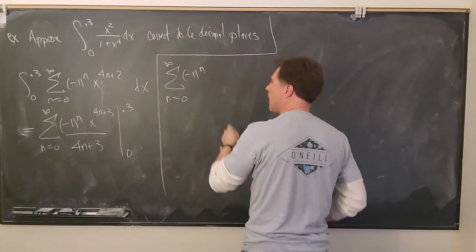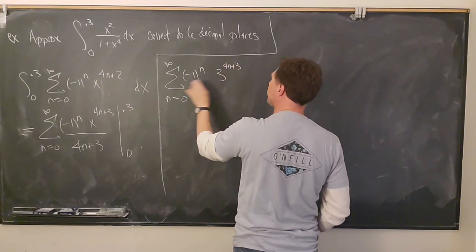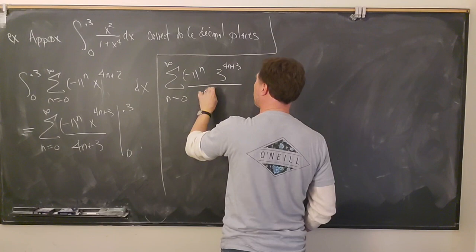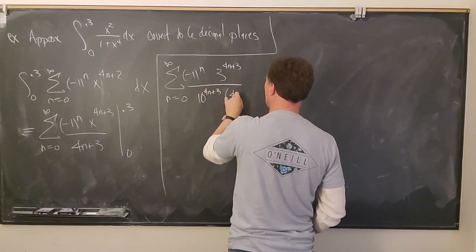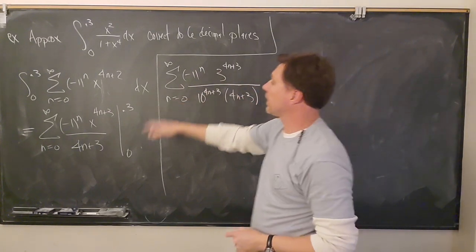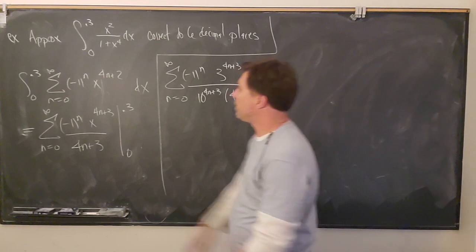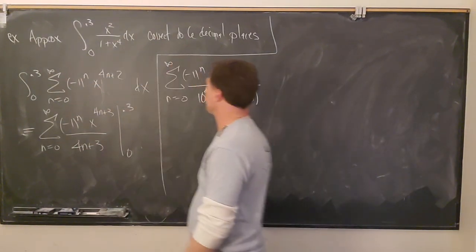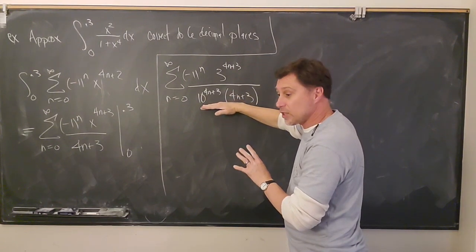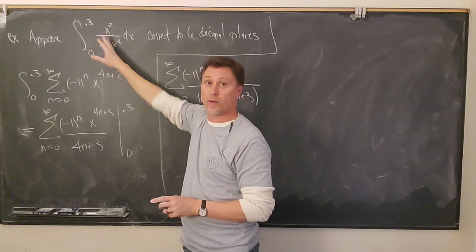So this is going to be 3^(4n+3) divided by 10^(4n+3) times (4n+3). That's what happens when you plug in the upper limit. When you plug in the lower limit, you just get 0. So this definite integral is equal to this. In other words, this infinite series converges to the area under this curve right here.